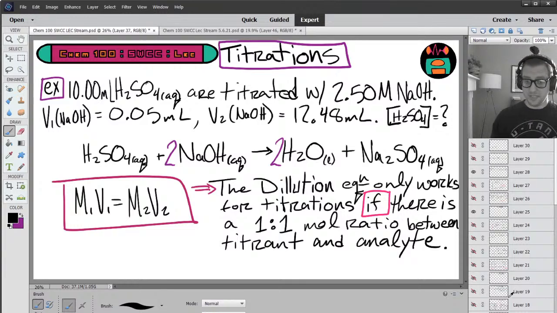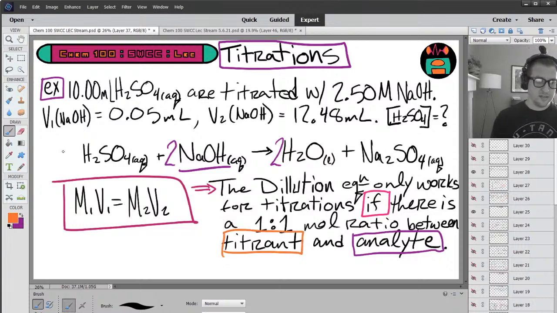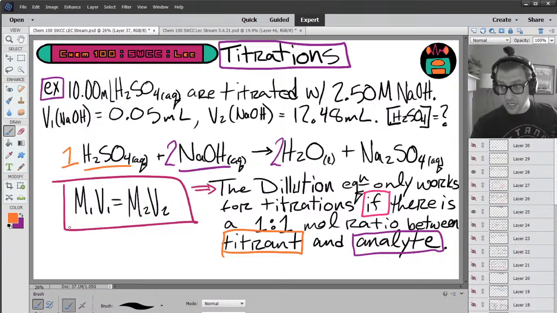And I want you to notice something. The example we just did: is there a 1-to-1 ratio between titrant and analyte? There's not. So if you try to use the dilution equation on the example we just did, you'll get the answer wrong. And I'm going to make you a promise.